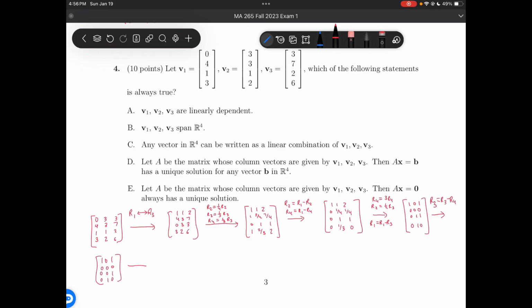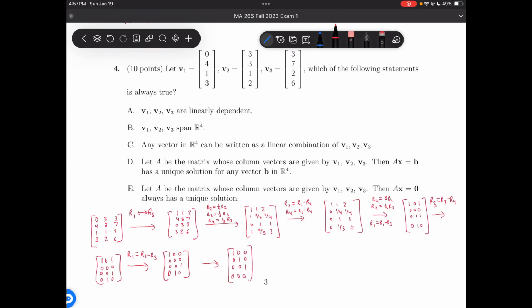And the last step here, I will subtract row 3 from row 1. And so I get 1, 0, 0, 0, 0, 0, 0, 0, 1, 1, 0, 1, 0. And then now all I have to do is rearrange these rows. And once I rearrange the rows, I get the reduced row echelon form.